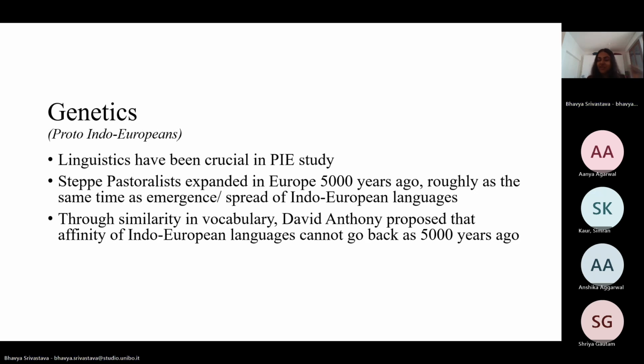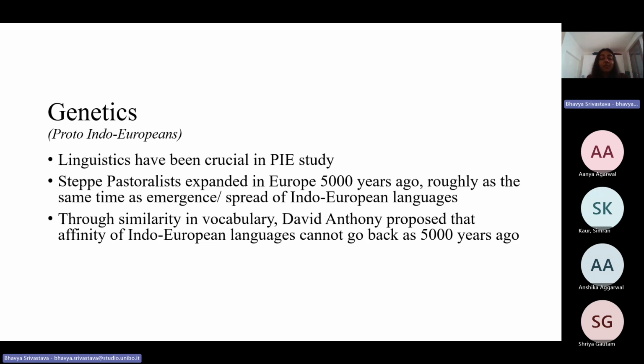But there's always a but, and that's how I will be concluding the presentation. Genetic studies can help us trace legacy, origins, and migrations. But what are the larger interpretations we draw from them? What are the conclusions, and how do we present these studies?